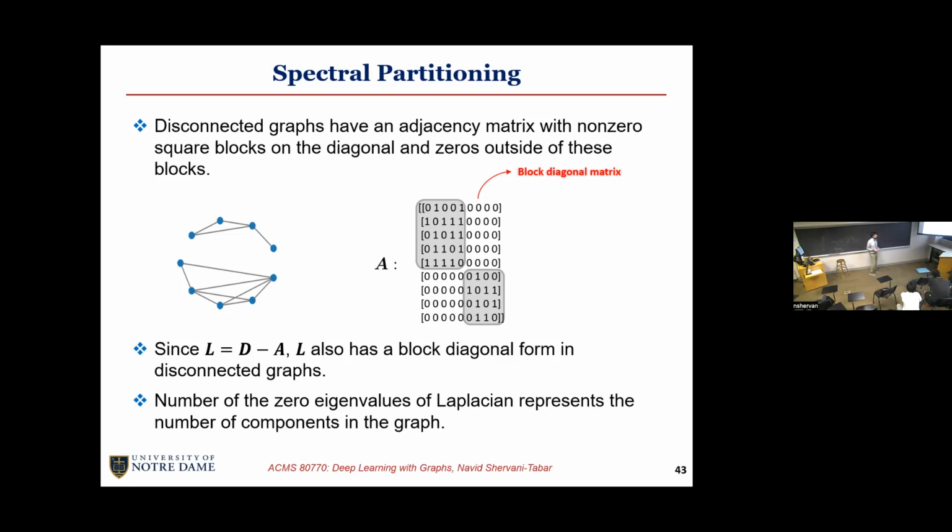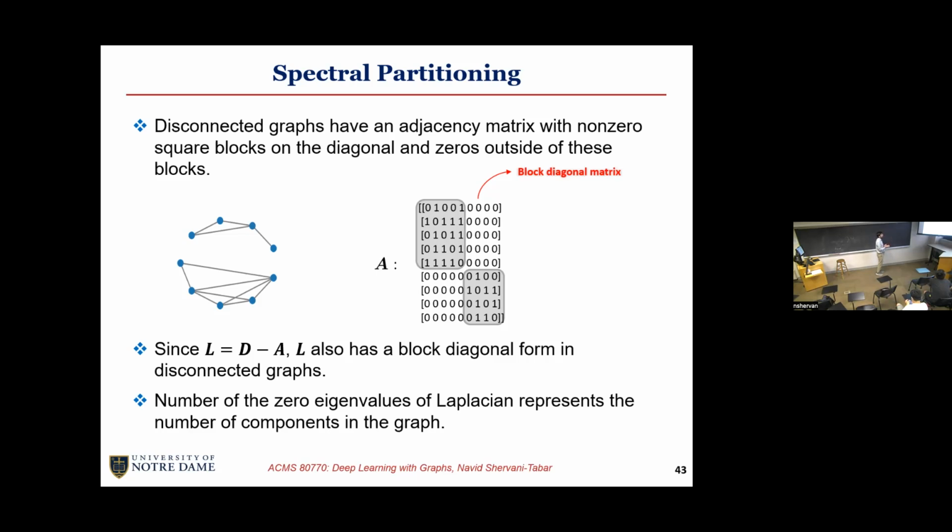For instance, we looked at this in our second session in the first week: if you have a graph that is disconnected, it means that there's no path from this set of nodes to these 5 nodes. So it has 2 components.